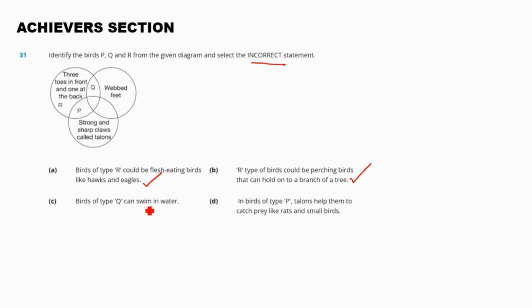Birds of type Q can swim in water. Yes, they have wet feet. They can swim in water. This is also correct. Option D says in birds of type P, talon helps them to catch prey like rats and small birds. So this is the incorrect statement, right? So our correct answer is option number D.